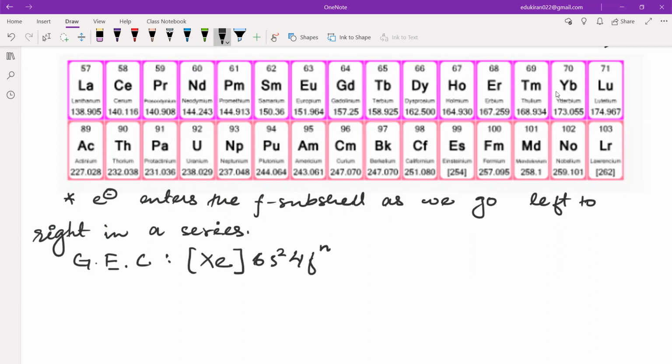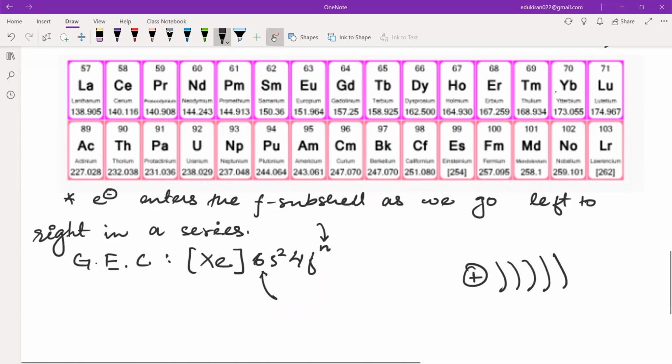Now you can see that the electron is entering the f subshell, but the outermost electron is in the sixth shell. The electrons are entering here, but as the electron enters, the proton number will also increase.